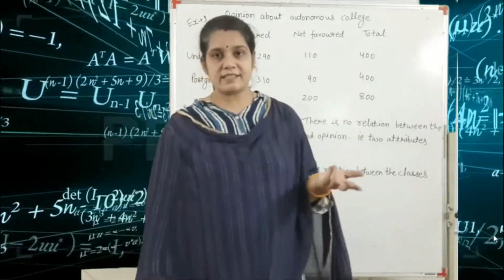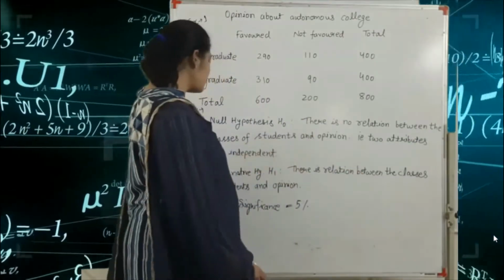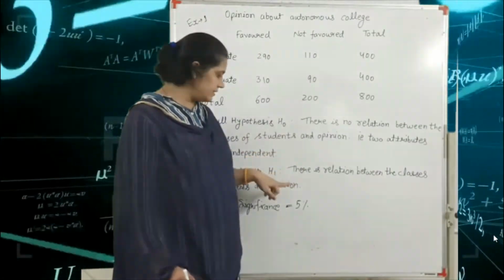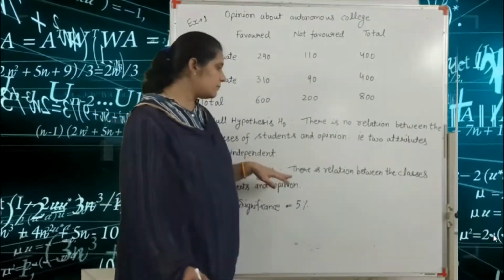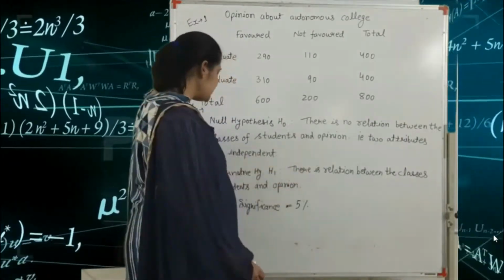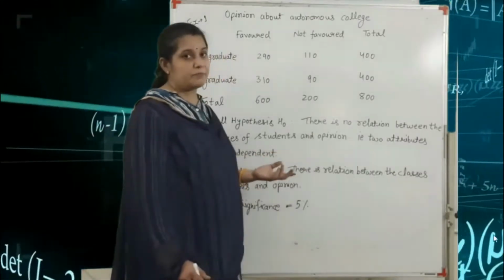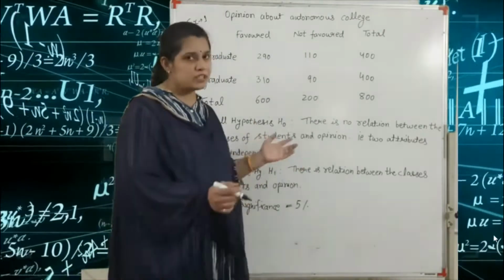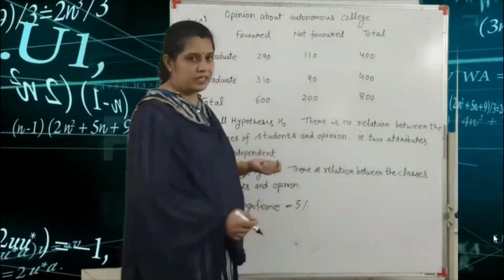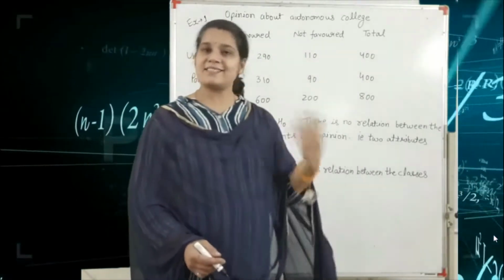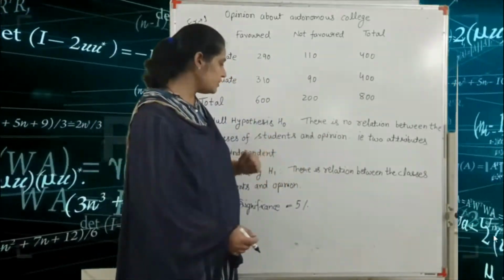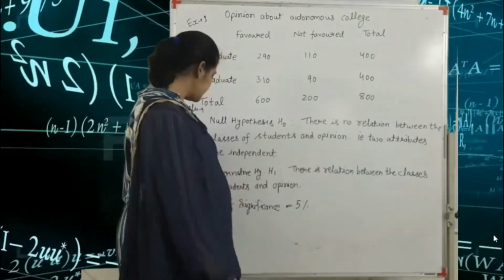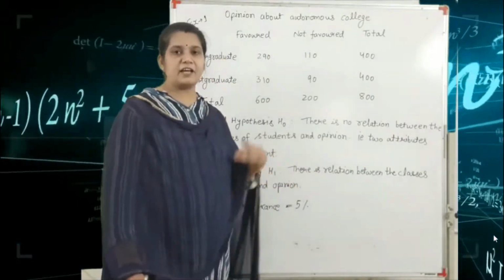Just opposite is the alternative hypothesis, so we write the alternative hypothesis H1 or HA. There is a relation between the classes of students and opinion. Because the null hypothesis says the two attributes are independent, the alternative hypothesis is just the opposite: there is a relation between the classes of students and their opinion.